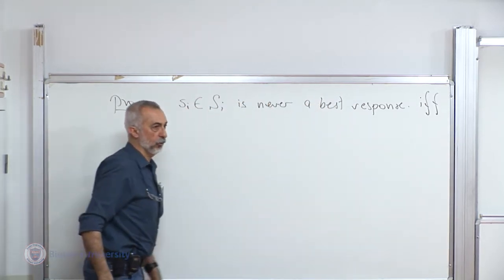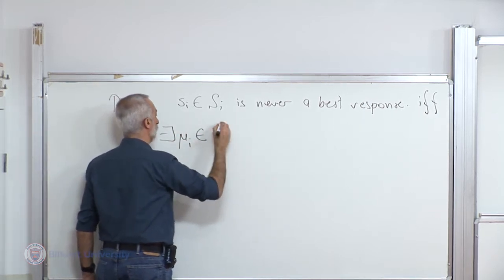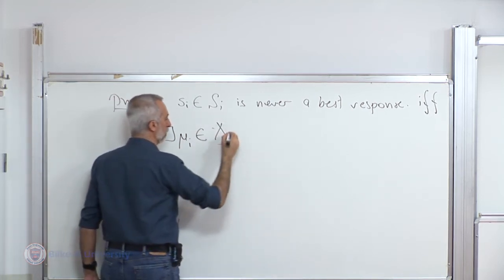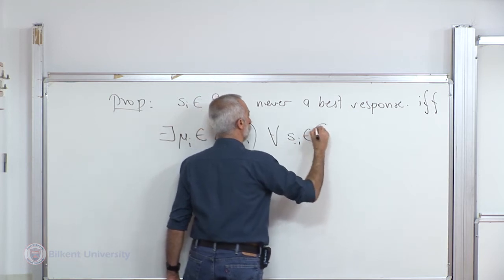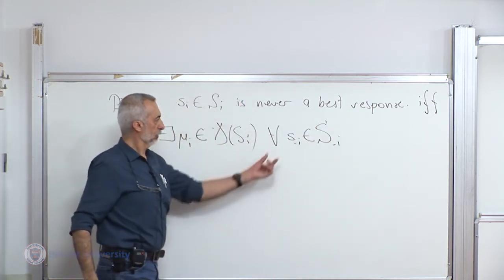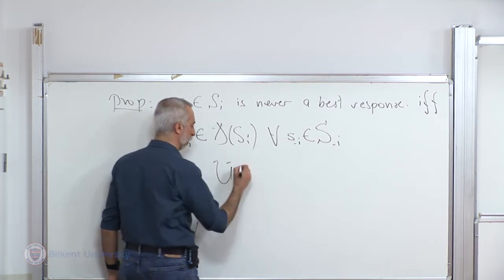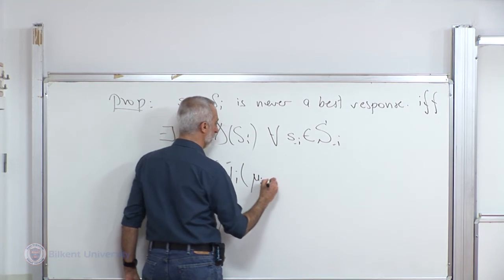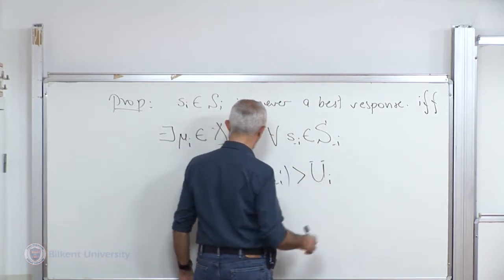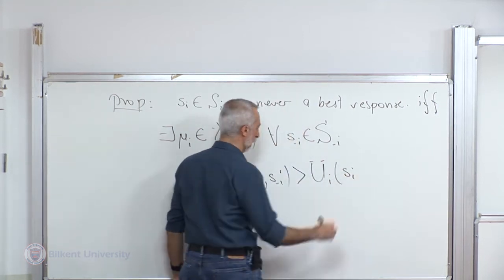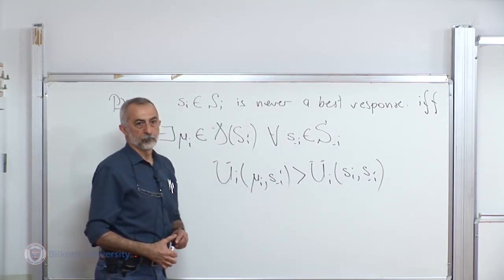If and only if there exists a mixed strategy of agent I such that, no matter which pure strategy profile the other agents play, the expected payoff that agent I gets from playing mu I, given that his opponents play the pure strategy profile S minus I, is greater than the expected payoff that he would get by playing SI, given that his opponents are playing according to S minus I. Okay?